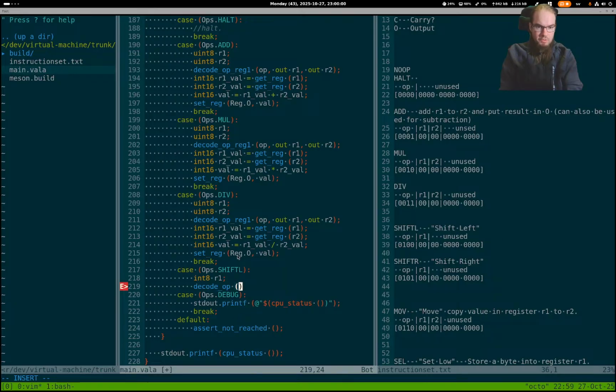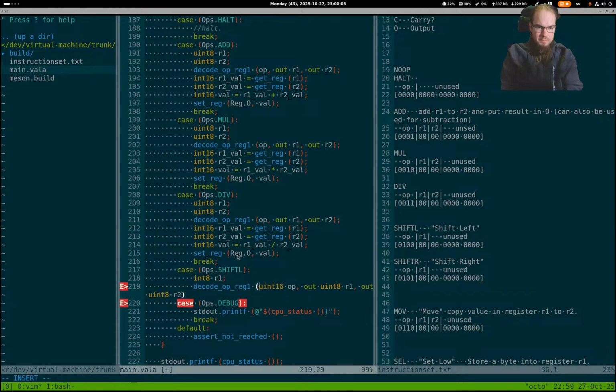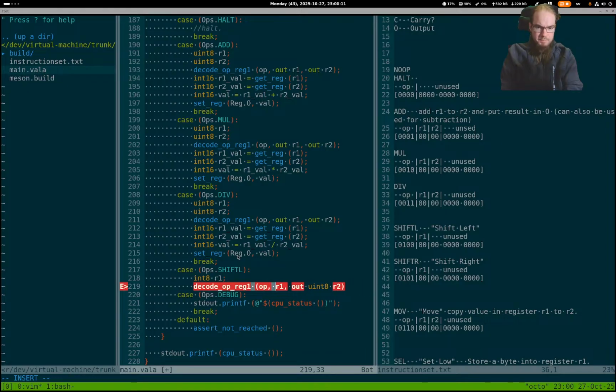No, we don't decode op. We decode op. There we go. R1, and we just ignore that.